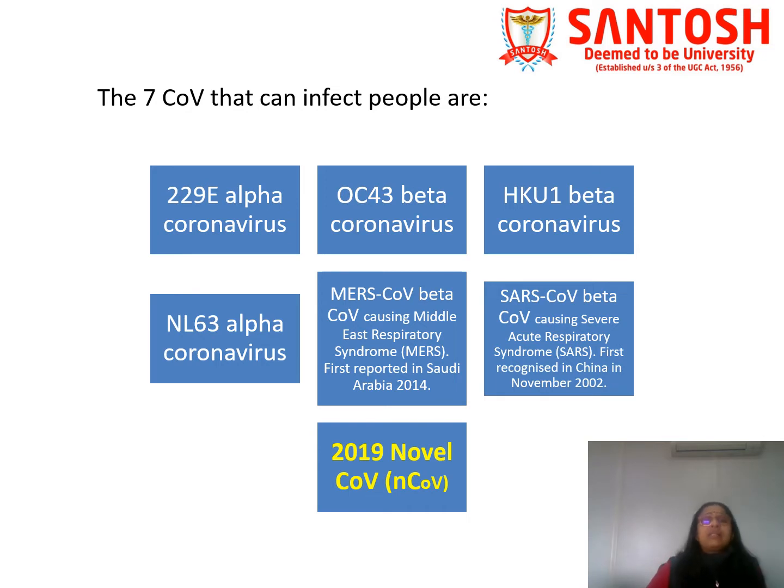The 7 coronaviruses that have infected people in the past are the alpha coronavirus 229E, the beta coronavirus OC43, the beta coronavirus HKU1, the alpha coronavirus NL63, the MERS coronavirus that caused the Middle East respiratory syndrome, first reported from Saudi Arabia in 2014, and the SARS-CoV beta coronavirus, which caused severe acute respiratory syndrome, first recognized in China in November 2002.